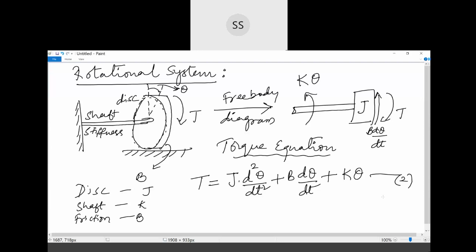To complete this part, this is our torque equation. It shows how applied torque will be distributed to these elements. The first part represents the opposing force given by the disk element. The second part is the friction because of the movement of the particular disk, and third, the disk will always be attached to some shaft. The shaft has stiffness, but still it tries to rotate.